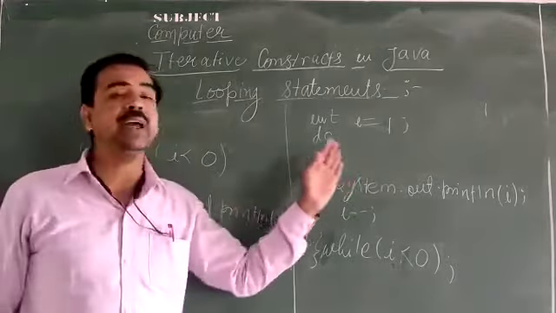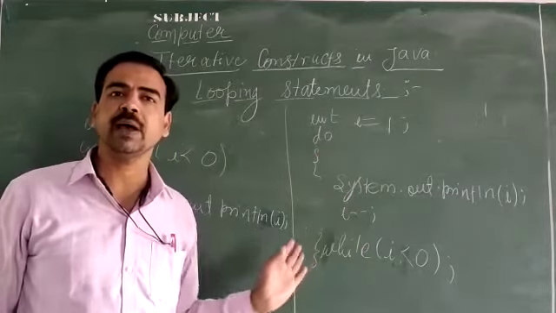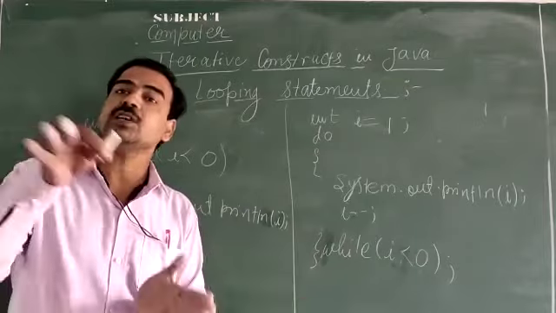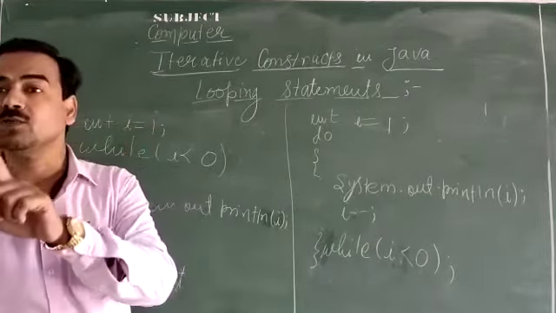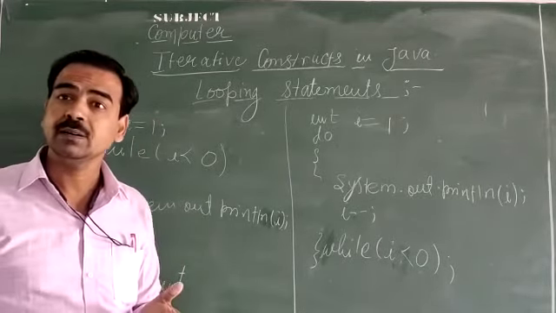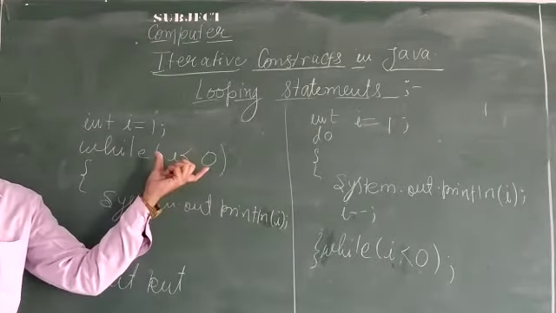But in a do while loop, if the condition is false at the very first iteration, then still the loop body will be executed at least once, because we are not checking the condition at the entry point.